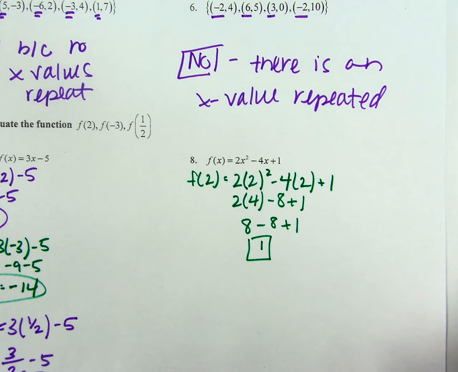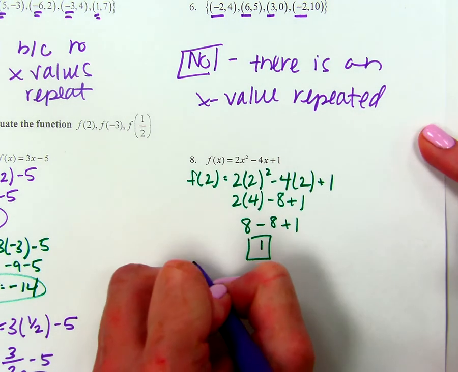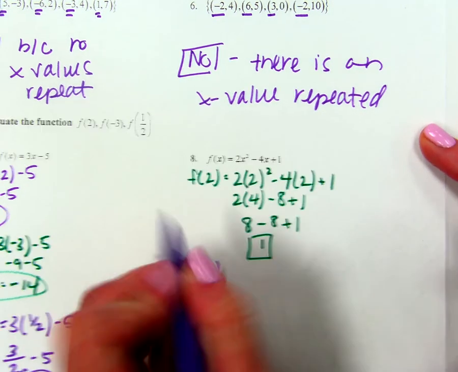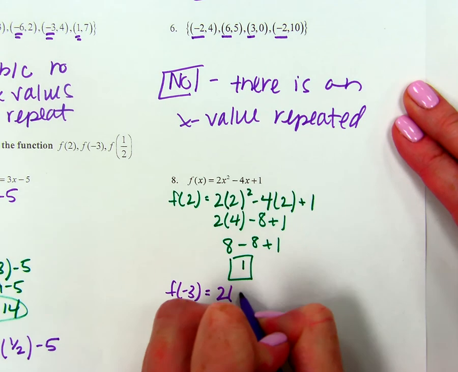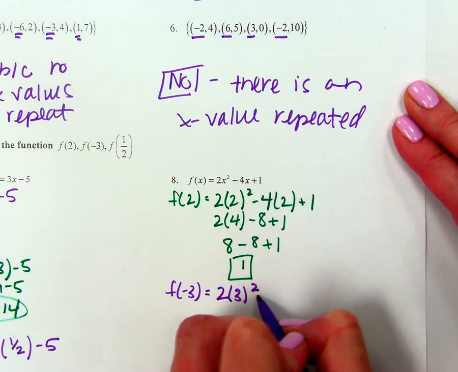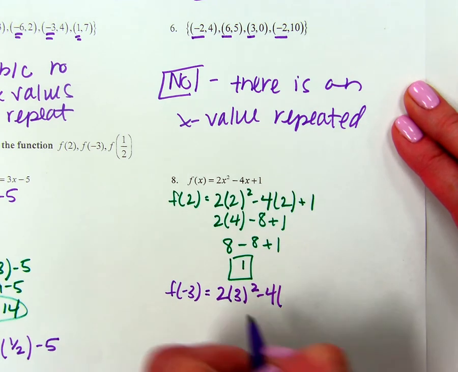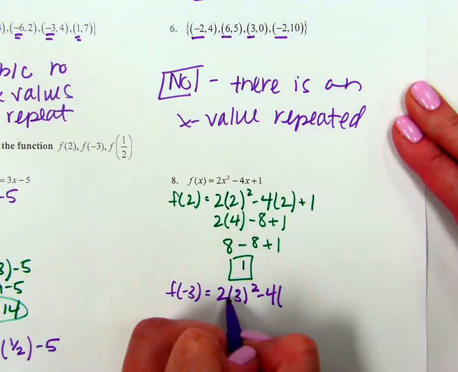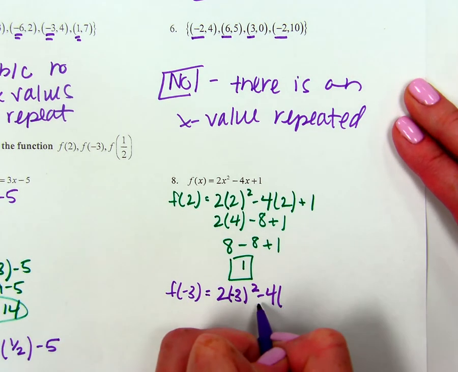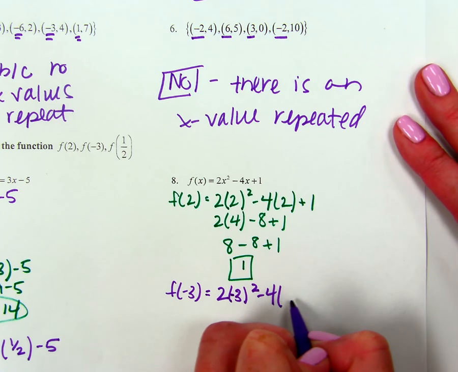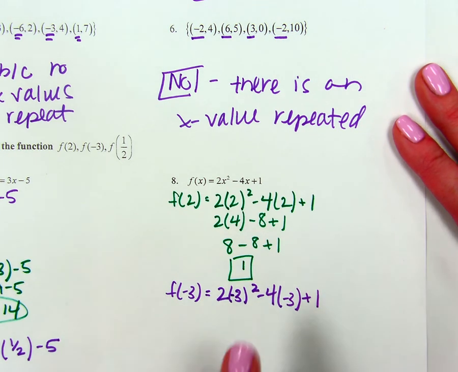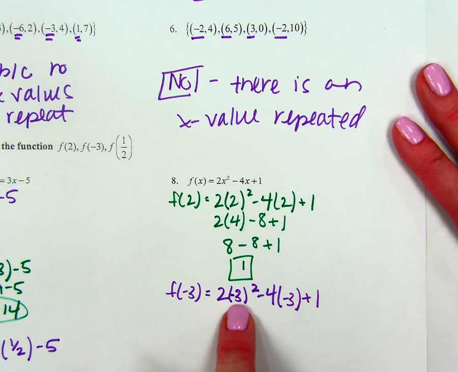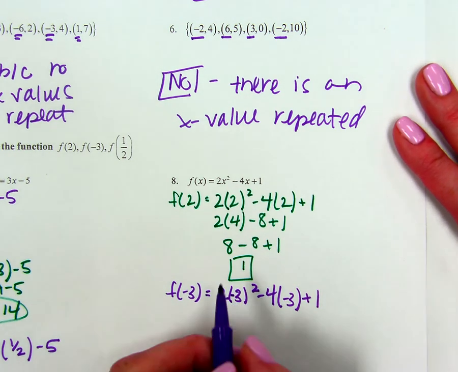Same thing again for f of negative 3. Two times negative 3 squared, minus 4 times negative 3, plus 1. So negative 3 squared, negative 3 times negative 3 becomes positive 9.